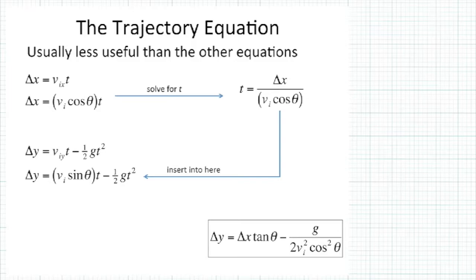What this does is it tells us where an object will be in the x direction, and where it's going to be in the y direction, given an x direction and some other information about it. It says in the notes that it's usually less helpful than other equations, and that's true because it's very specific.